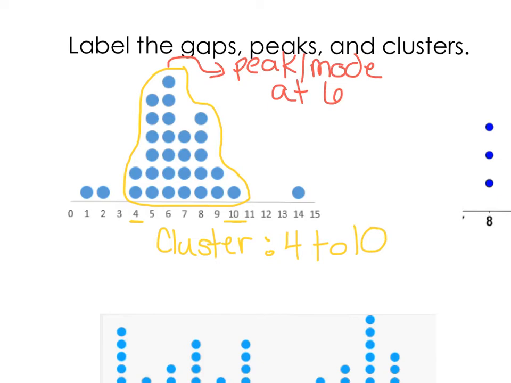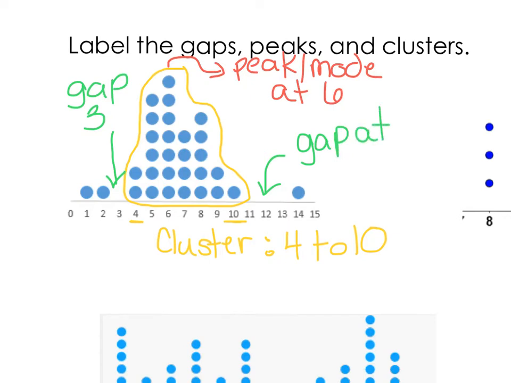I do have some spaces where there is no data at all. I have a gap at 3. And I do have another gap over here. See how there's no data? I have a gap at, it starts at 11 and goes to 13. So gap at 11 to 13. Okay? Pretty easy on that one.